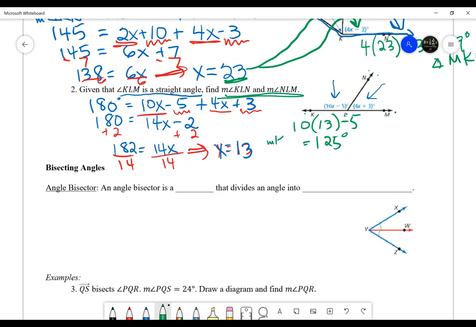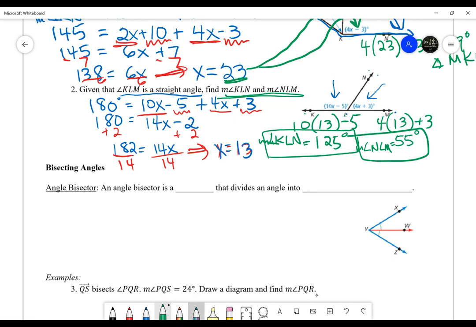That's for the measure of angle KLN. And for the other one, it's going to be 4 times 13 plus 3. And so that's 52 plus 3. That's going to give me 55 for the measure of NLM. Okay. Those are the two I was supposed to find.